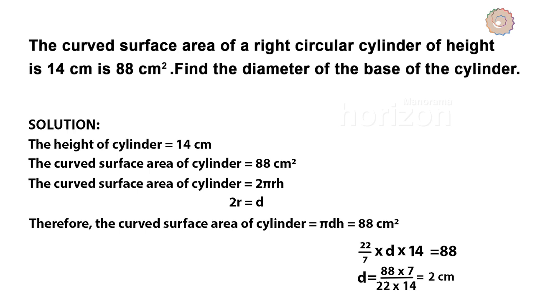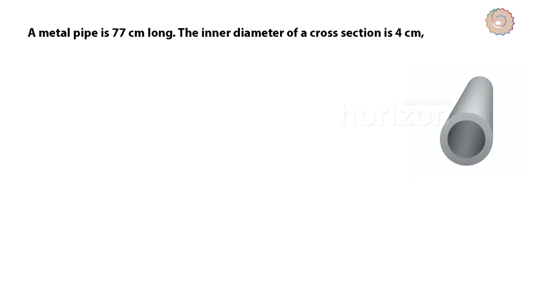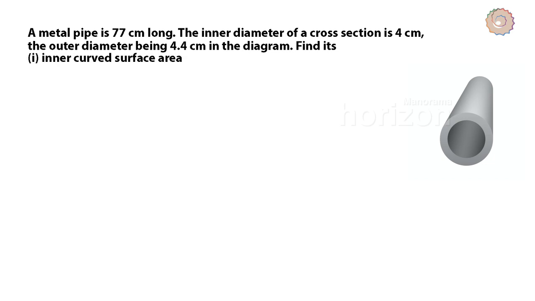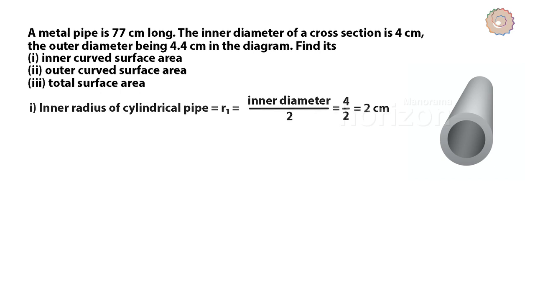Now, let us get into another problem. A metal pipe is 77 cm long. The inner diameter of a cross section is 4 cm, and the outer diameter is 4.4 cm in the diagram. Let us now find its inner curved surface area, outer curved surface area, and total surface area. So let us solve the first subpart.